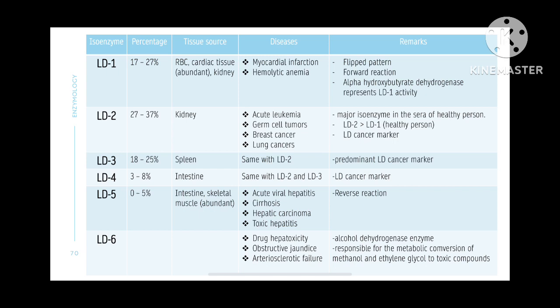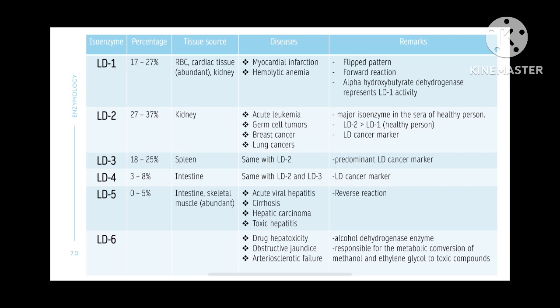LD4, and LD5. LD1 and LD2 are present to approximately the same extent in the tissues, which can be seen from this table. However, cardiac tissue and red blood cells contain a higher concentration of LD1.